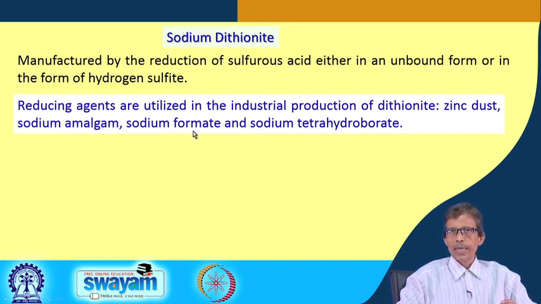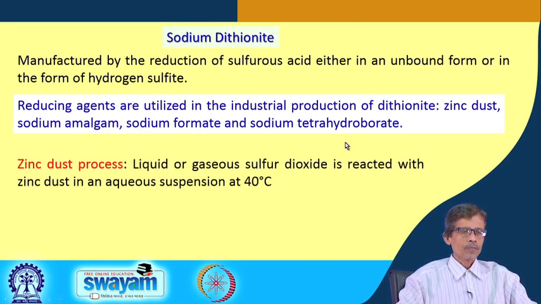When you take the help of an organic reducing agent, it can be sodium formate or sodium tetrahydroborate, NaBH4. So, boron hydride based, the tetrahydroborate anion BH4 minus, can also be utilized for this reduction.